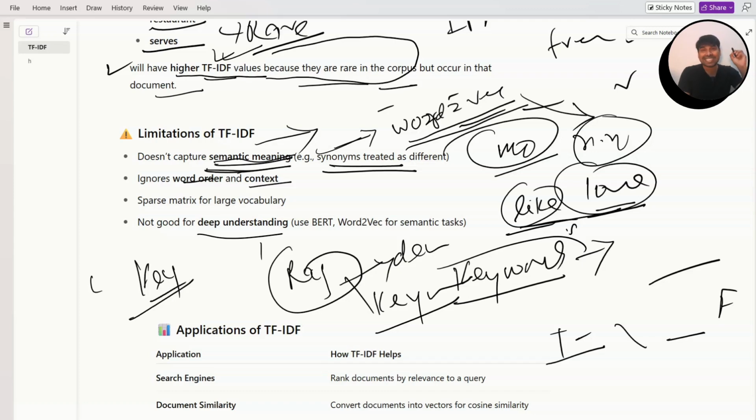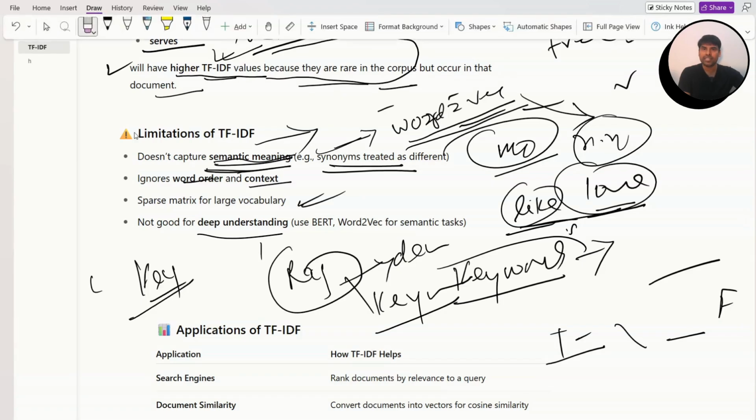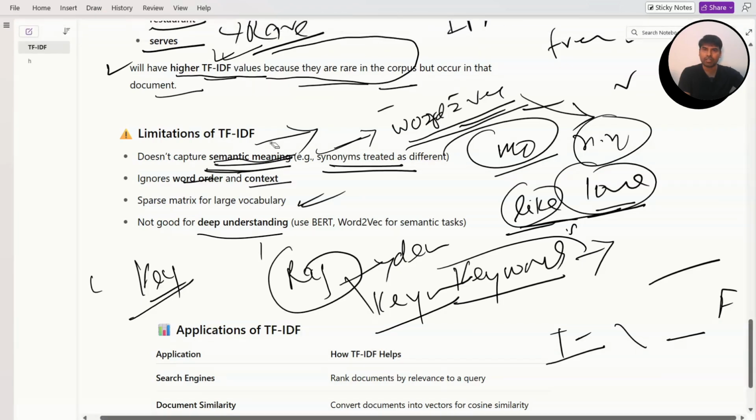I want to get the exact match of this keyword in the document. If you have this kind of exact keyword search scenario, you can go with this kind of model because you don't need semantic searching, right? So in that case it is very powerful and very useful. But yes, these are a couple of limitations of this model.